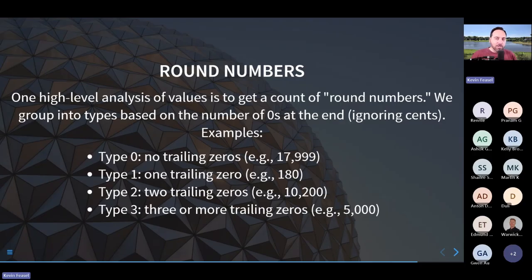You normally will stick with just the dollars, maybe round up to the nearest dollar. So a type 1 has 1 trailing zero, like 180. Type 2 has 2 trailing zeros, so we have 0, 0 at the end. Notice that the zero in the middle doesn't matter for the type. A type 3 has 3 zeros at the end. A type 4 would have 4 zeros at the end, and so on.